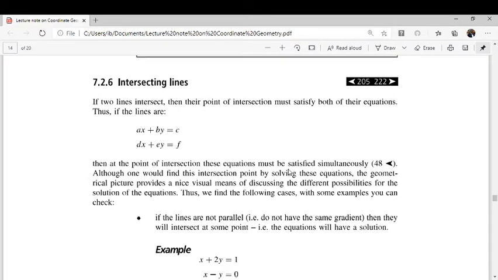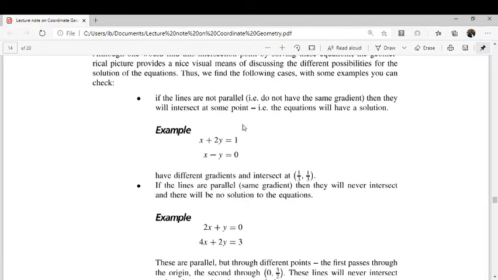Now, before I round up, because there's the other one, I think I will stop here. But let me just explain. When you have two lines intersecting, these are the two lines, this and this. The point of their intersection is found by solving the equations simultaneously.